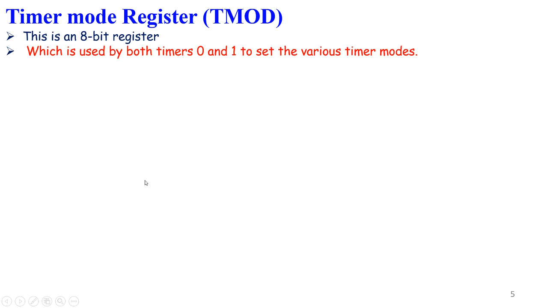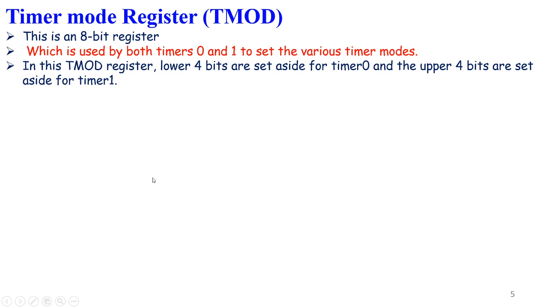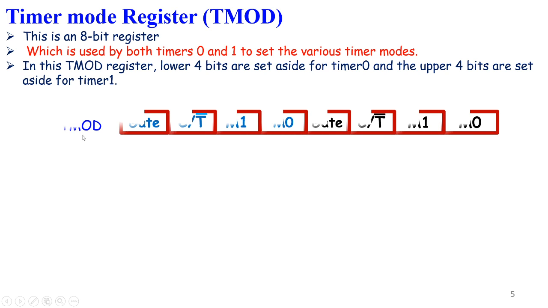So this register decides in which mode Timer 0 and Timer 1 are used. In this TMOD register, the lower 4 bits are set aside for Timer 0 and the upper 4 bits are set aside for Timer 1, like this.